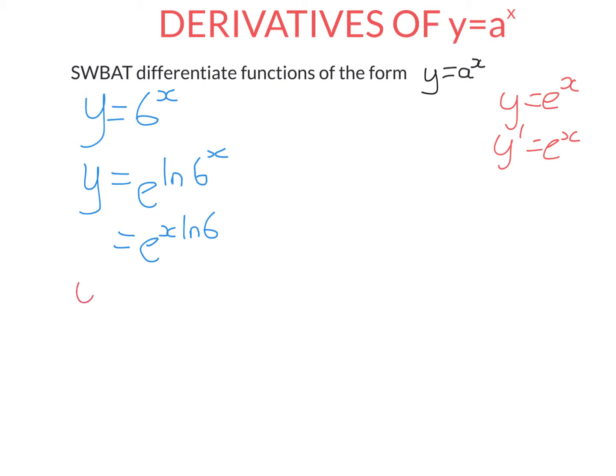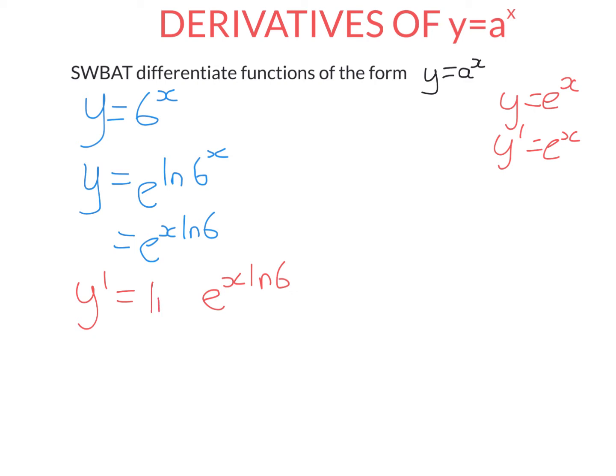Well, this becomes easier because, as I said, differentiating e's is easy. When you're differentiating e to the power of a function, you always leave the e and the power alone, and you multiply by the derivative of what's in the power. So ln 6, natural log of 6, is just a number. So the derivative of a number times x is just the number.